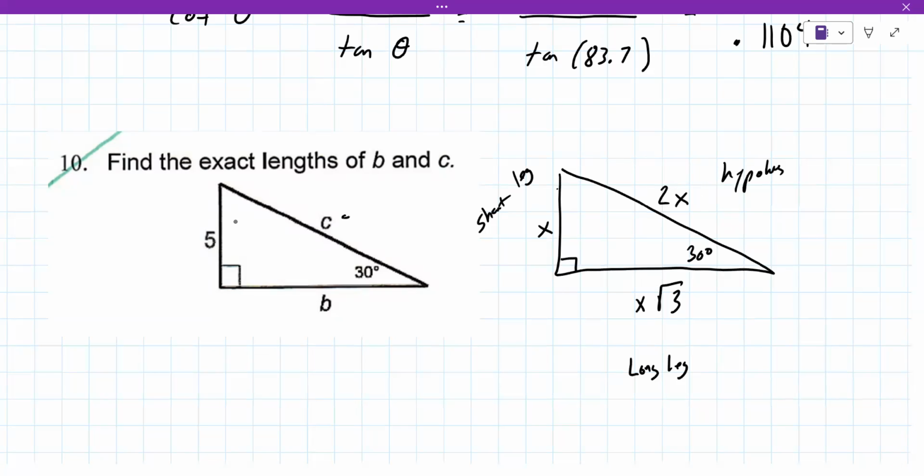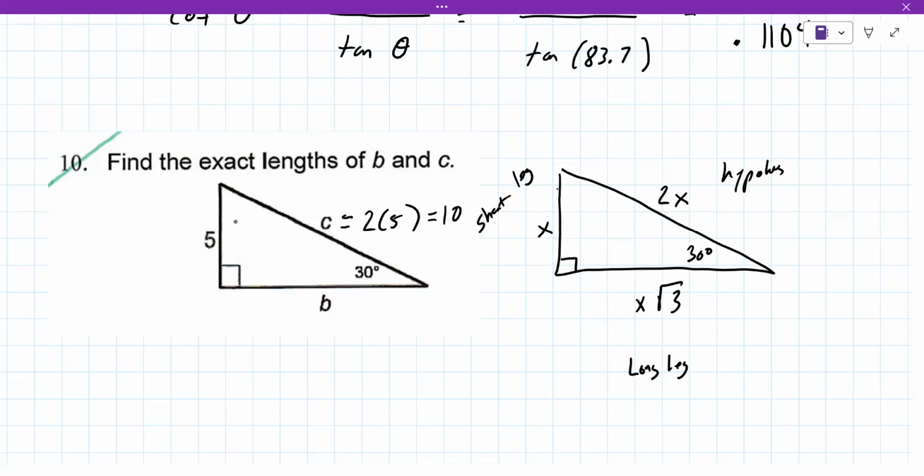So this C over here is 2 times 5. Oh, yeah, I remember doing that in geometry. Okay, well, that's good. I'm glad you said you've seen that before.